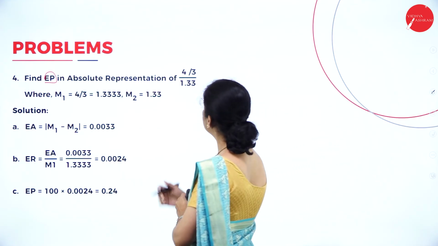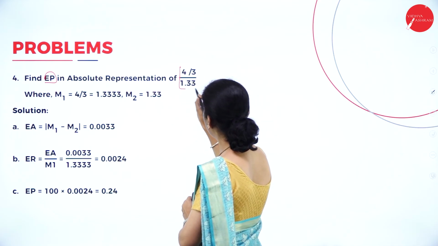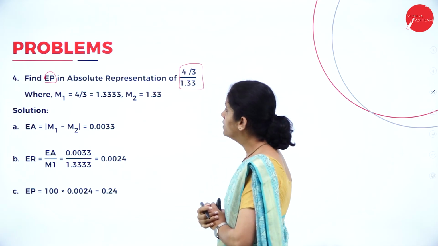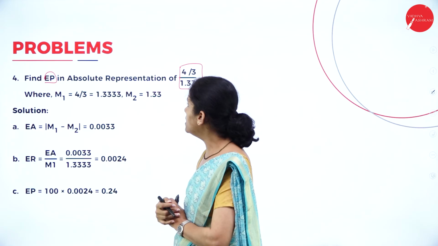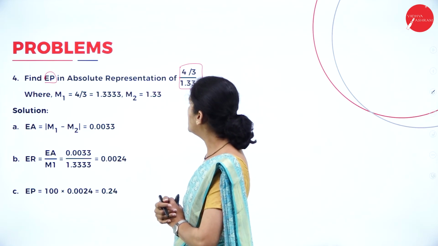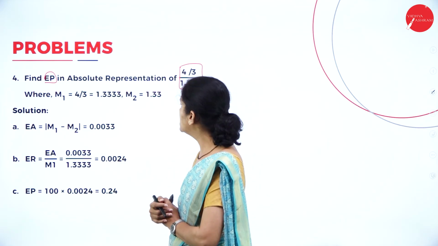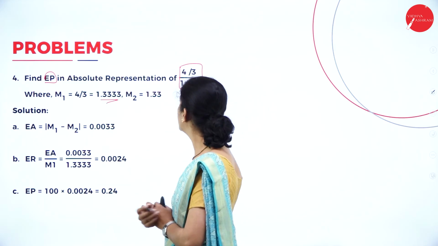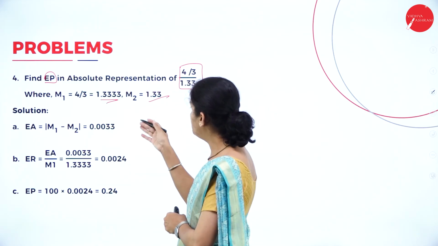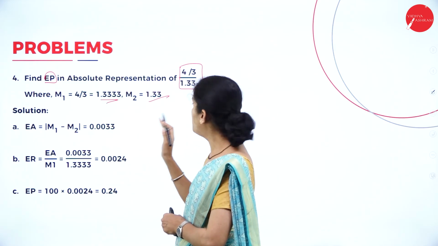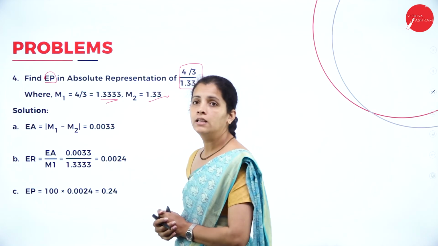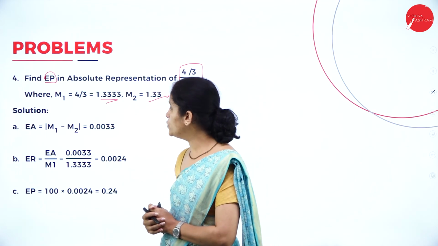Now, what is my M1? Here M1 is nothing but 4 divided by 3. So what is my M2? That is nothing but 1.33.